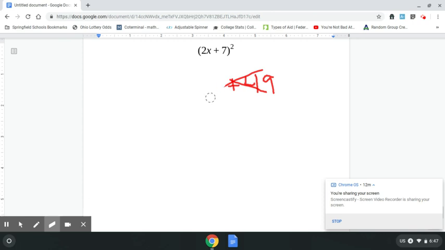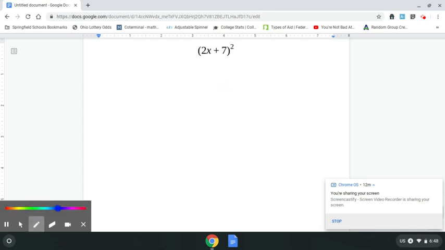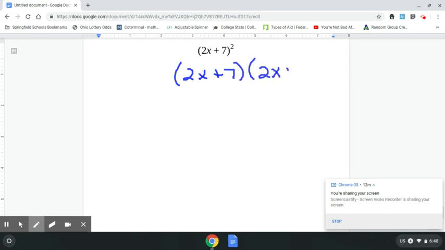The question you have to ask yourself is, what does it mean to square something? Well, to square something, that means you multiply it by itself. So I need to take this binomial and write it twice. I need to multiply it by itself. When you multiply a binomial by itself, it's now binomial multiplication, and we can use the box method that we've been using this entire time.